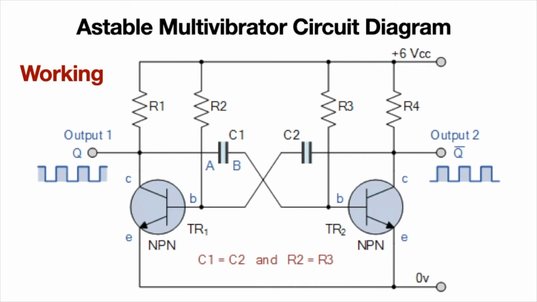As I told you earlier, if it goes to saturation, its collector emitter terminal will act as a short circuit, right? When transistor Q1 goes to saturation, its collector emitter terminal will act as a short circuit.